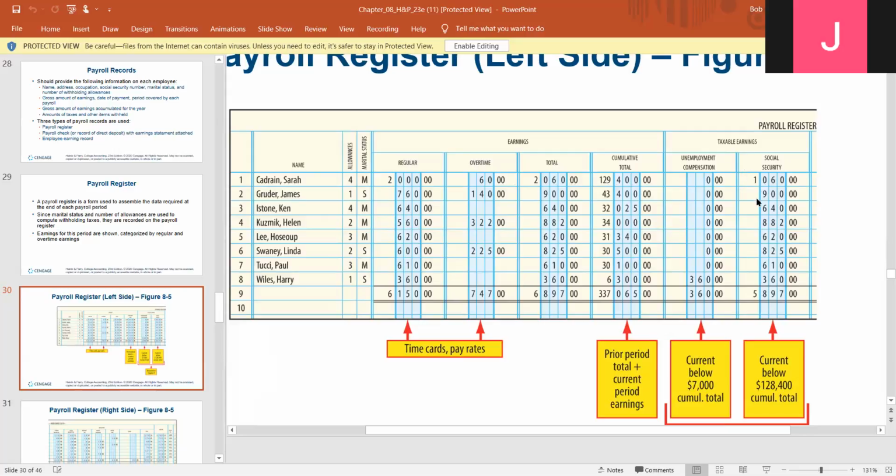So you haven't multiplied them out yet. These are the amounts of what's taxable for what. This is your total payroll right here. This is how much they've earned through the year to date. This is how much of this total for the period is subject to unemployment, subject to Social Security.